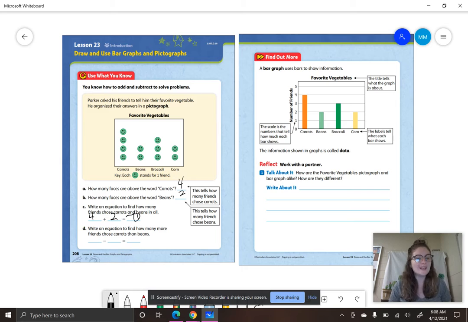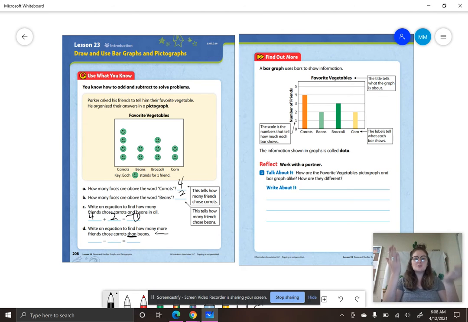Letter D says, write an equation to find how many more friends chose carrots than beans. Ooh, if we hear that word than, what are we doing? We are comparing. So we are comparing carrots and beans. We want to find out how many more friends chose carrots than beans.